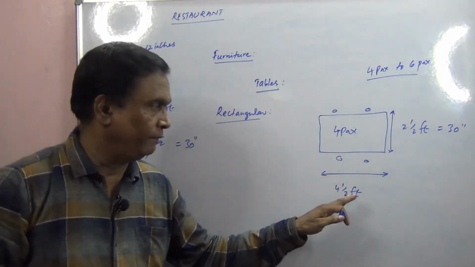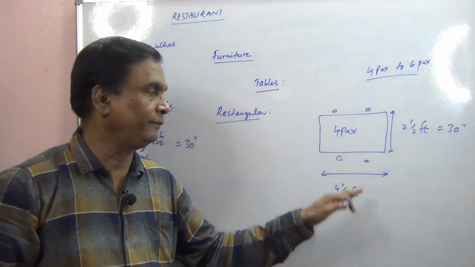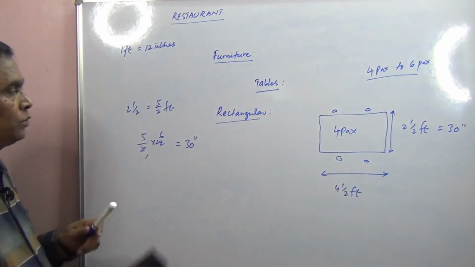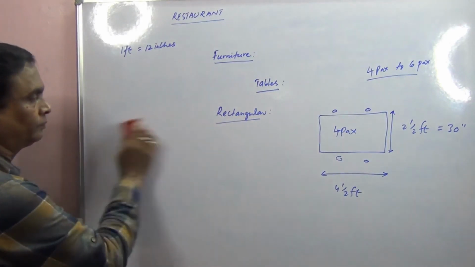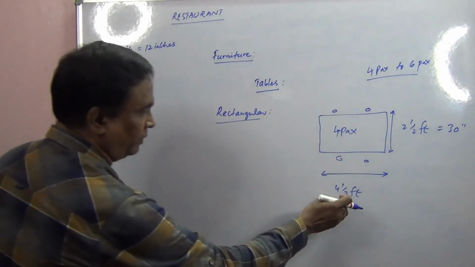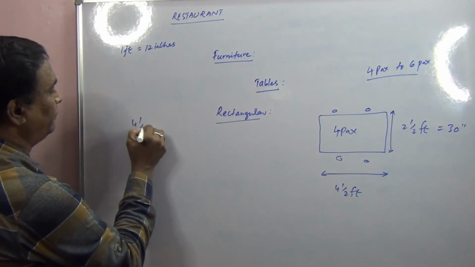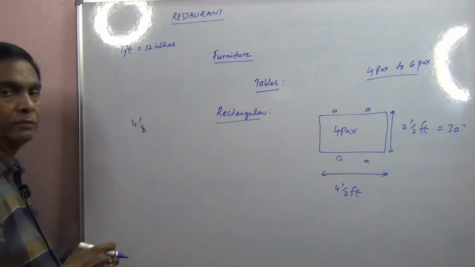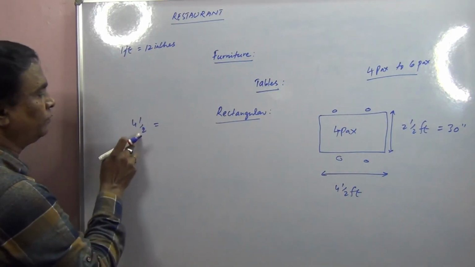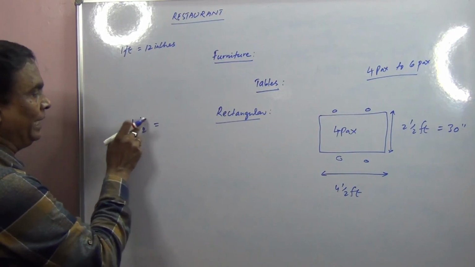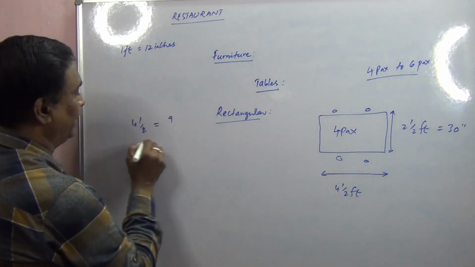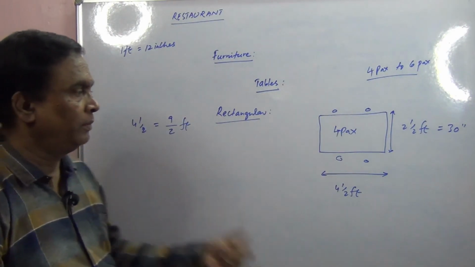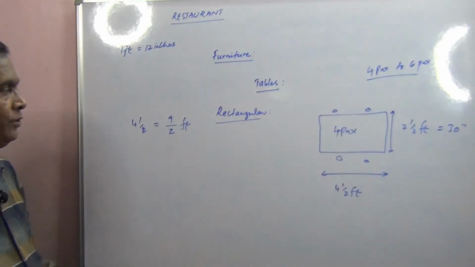Similarly, whenever you want to convert 4.5 feet into inches, you can also do it. Take this 4.5 feet mixed fraction, convert into a fraction. So this is 2 into 4, 8. 8 plus 1, that is 9. 9/2. This is in feet. Now I would like to write it in inches.